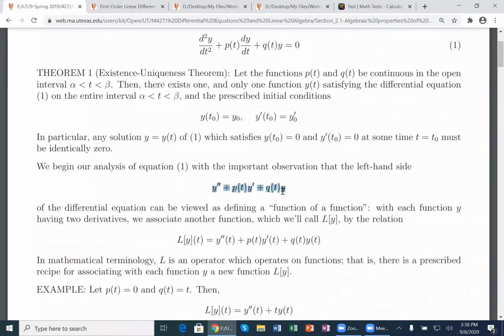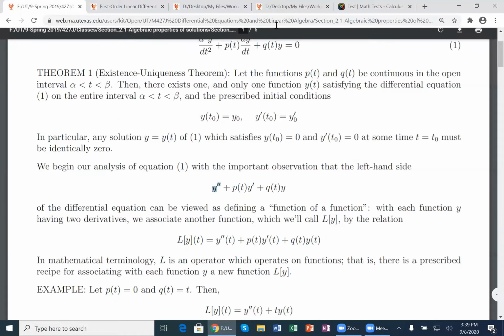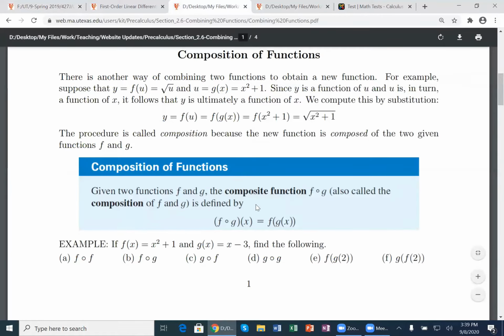Over here, y is an input. We act on y using the following tools. We add, we multiply by P of t, we multiply by Q of t. Then, in addition, we take the derivative. We've never done this before.